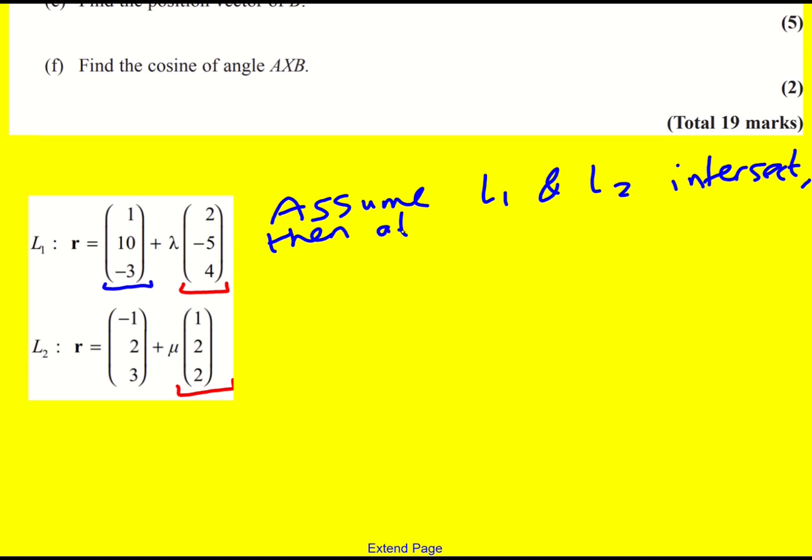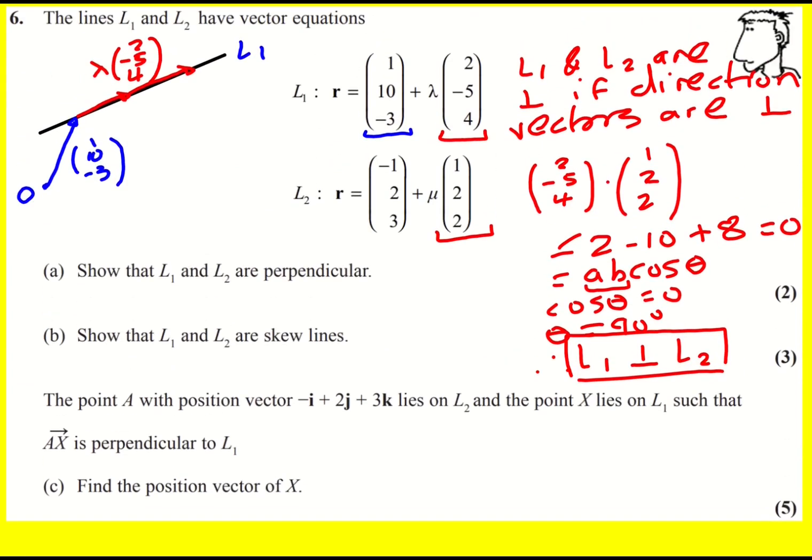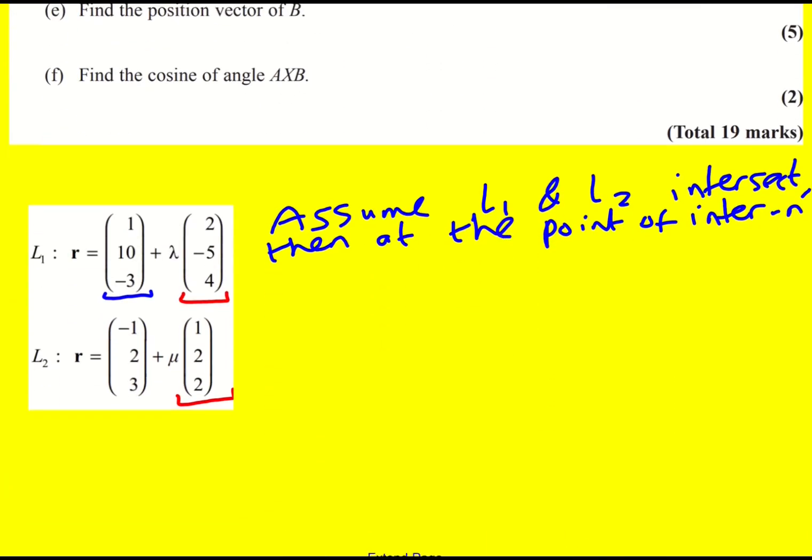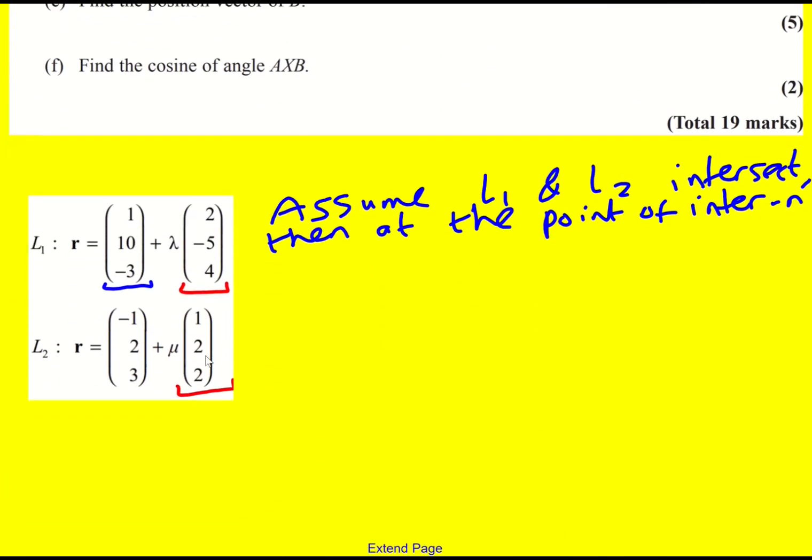Then at the point of intersection, remember we've started at the origin and we're going to some point like here, and if they did intersect and you had some other line like that, then you get the same position vector on both lines, which means I can set the x components equal to one another, the y components equal to one another, and so on.